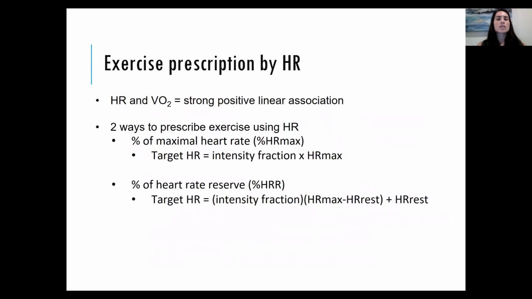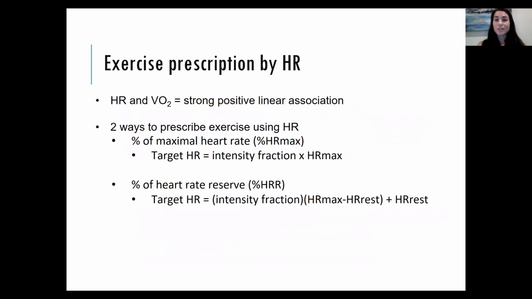So now let's look at exercise prescription by heart rate. Why we know we can do this is because there's a strong relationship between heart rate and VO2. It's a strong positive linear association. And there are two ways that you can use heart rate to prescribe exercise. The first is percent of maximal heart rate, denoted as percent HR max.